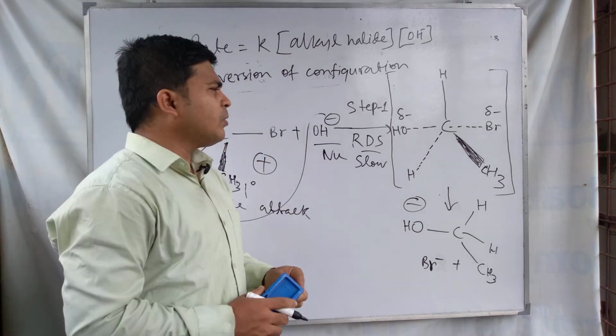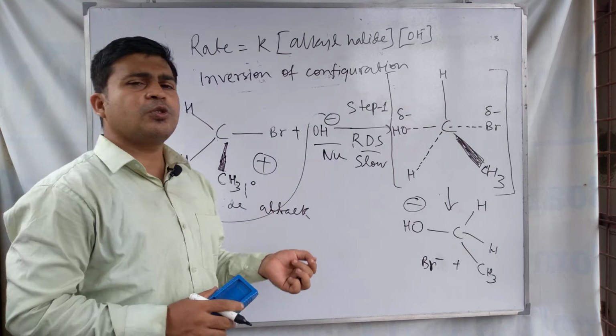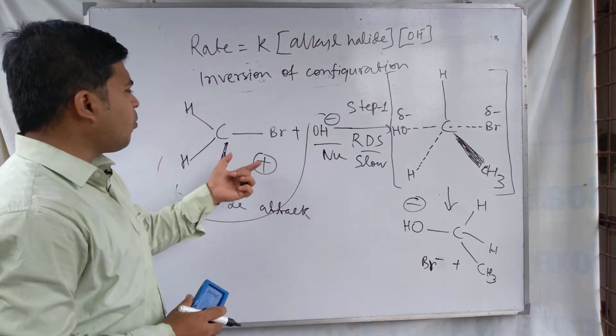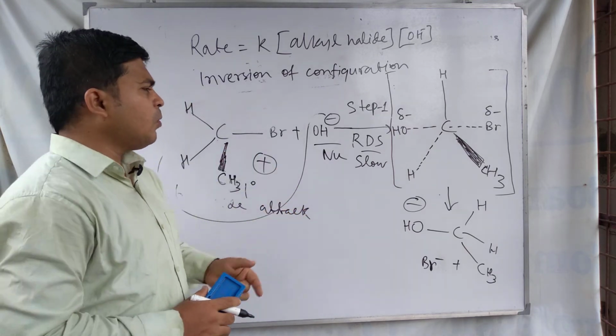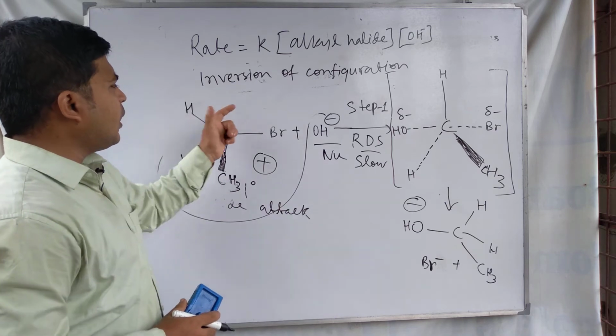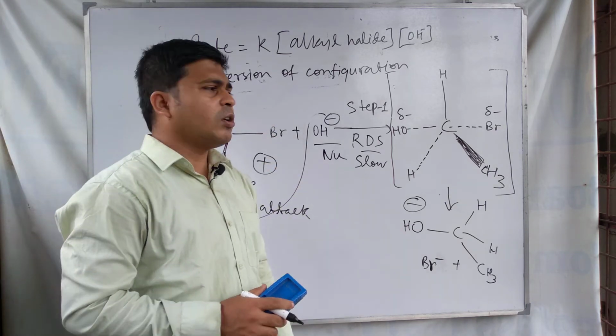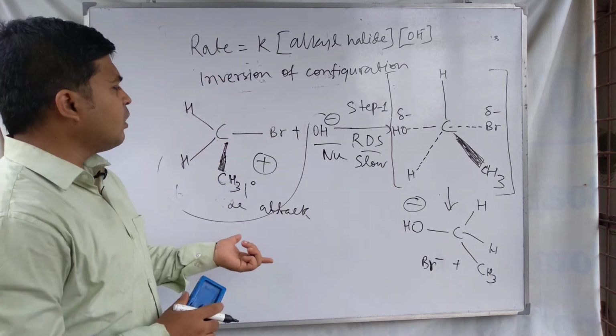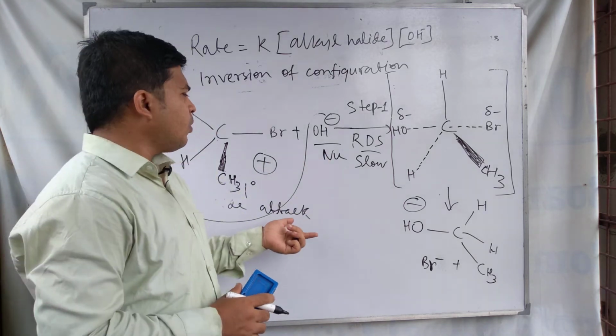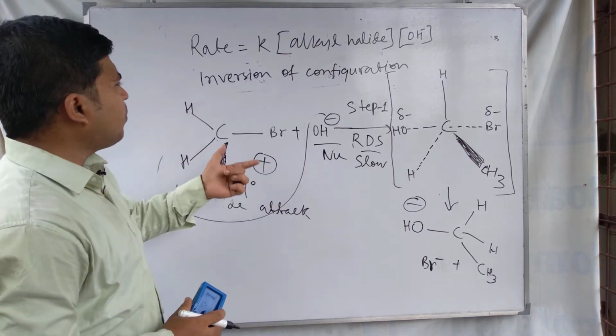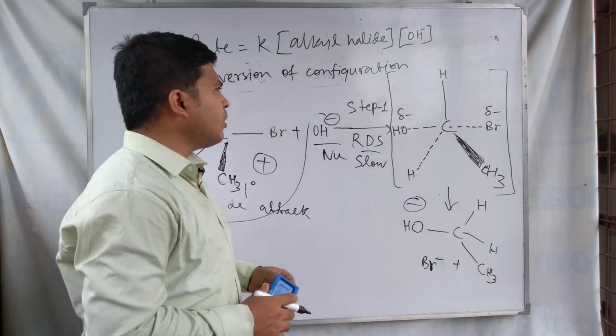This is the most important point, that in SN2 mechanism the inversion of configuration occurs. This one is turning to the opposite side, like an umbrella turning with the wind. So this is an example of the inversion of configuration.